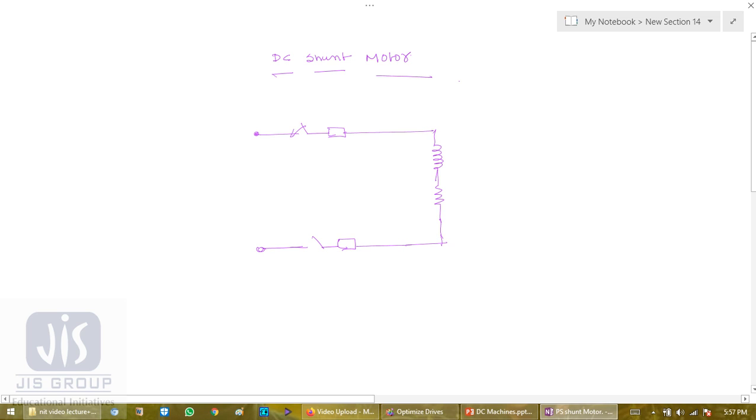Again a double pole single throw switch. This is U, this is my load current IL, this is IF, this is RSH, this is RR, and in parallel the armature is connected.